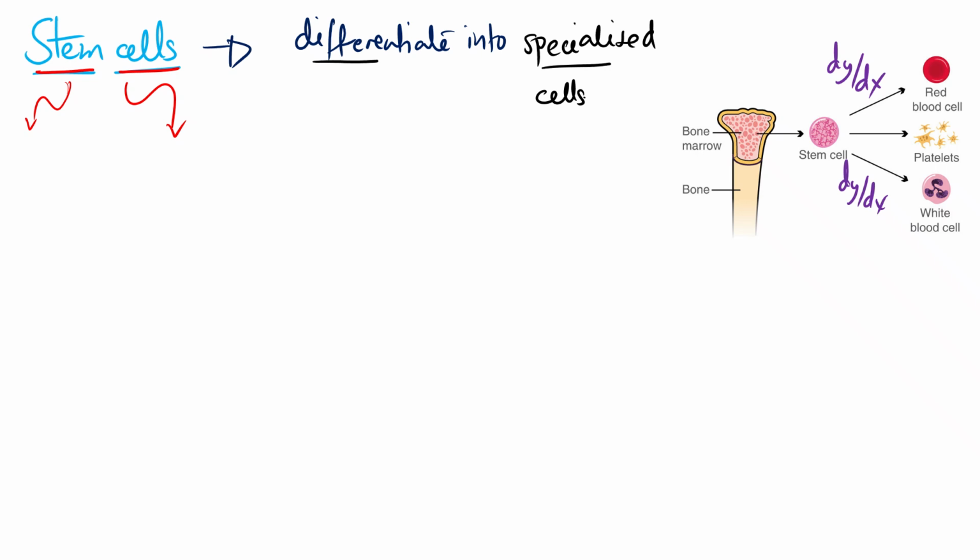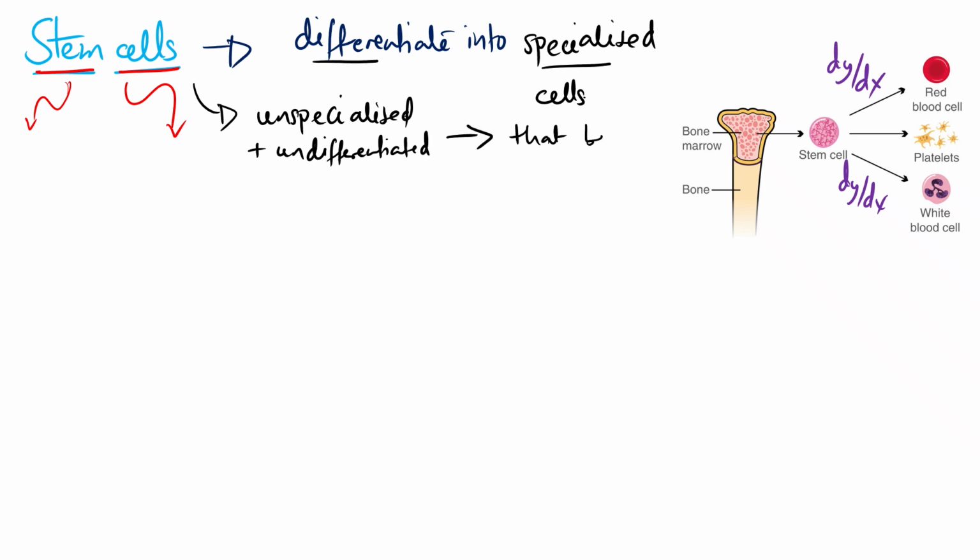Initially, they're unspecialized. That's another factor to consider. So they're unspecialized, or undifferentiated, and they become specialized cells.